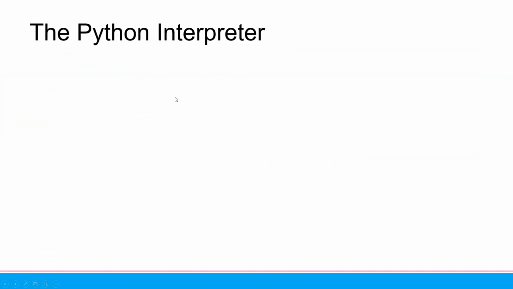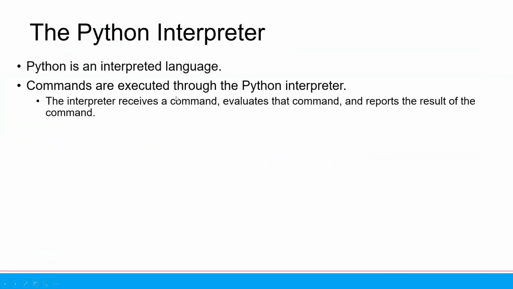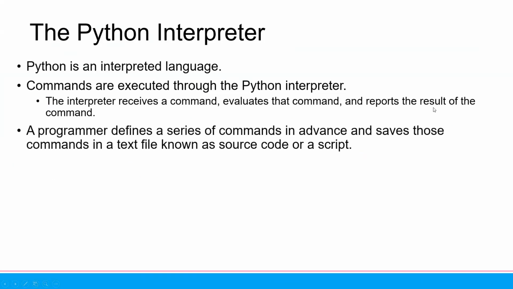Python is a kind of interpreter language, and the commands are executed through the Python interpreter. So the interpreter receives a command, evaluates that command, and reports the result of the command. A programmer defines a series of commands in advance and saves those commands in a text file.